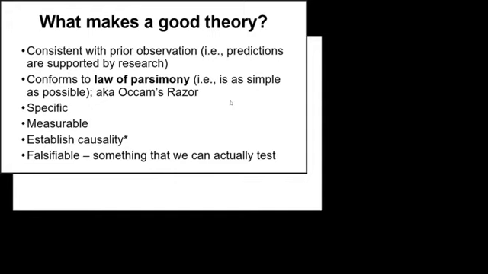If we don't know a whole lot about A and B, we can come up with all sorts of explanations ad hoc, which just means without any prior experimentation. But in order to have a grounding place to begin, we want the simplest explanation. And that's where Occam's razor, or the law of parsimony, comes in.